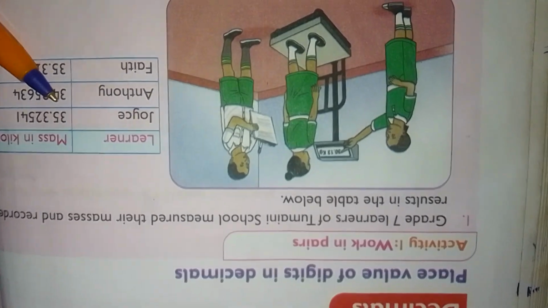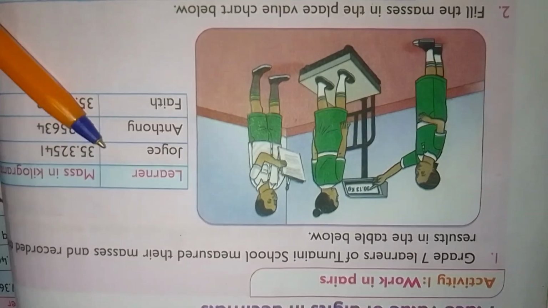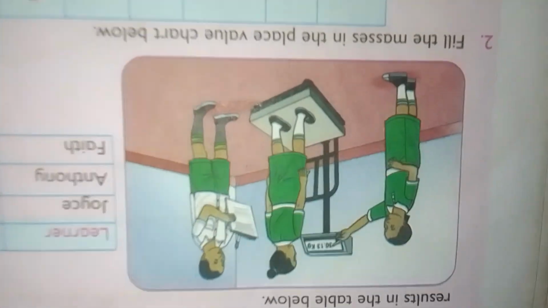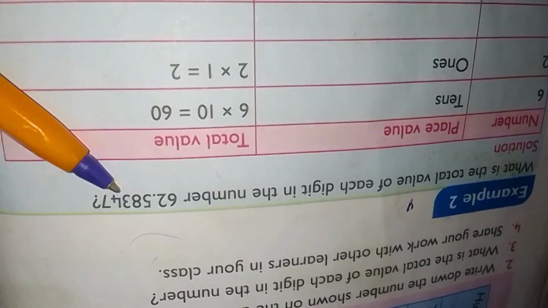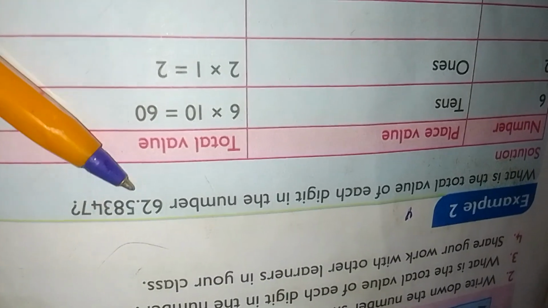Ahead of the decimal point, all learners know that we have ones, tens, hundreds, thousands, ten thousands, hundred thousands, as easy as that. You can also be asked about the total value. For example, from this number 62.58347, you can be asked to get the total value of each digit.